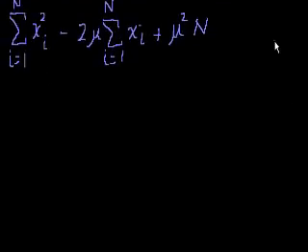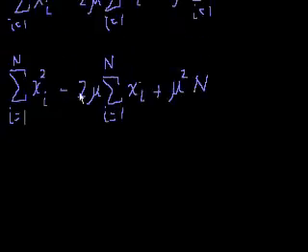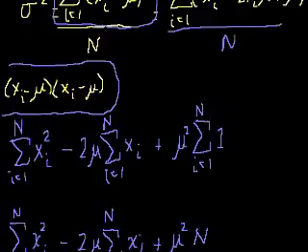All right, and then let's see if there's anything else we can do here. Remember, this was just the numerator. So this looks fine. We add up each of those terms. And we have minus 2 mu. Well, actually, let's bring back that n.